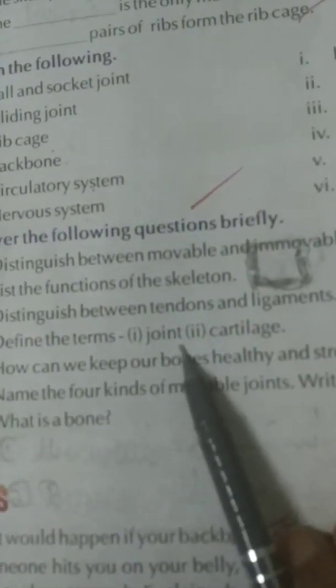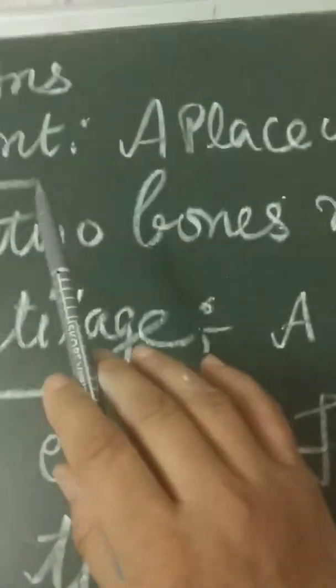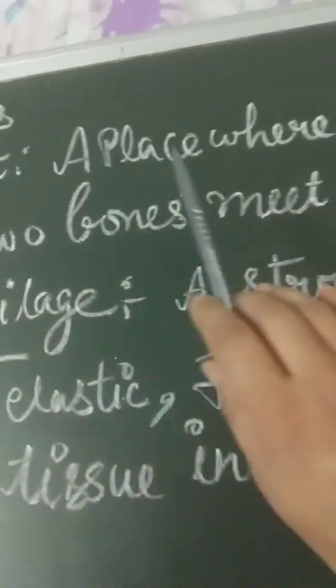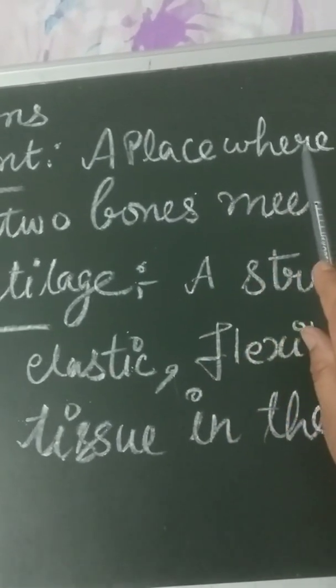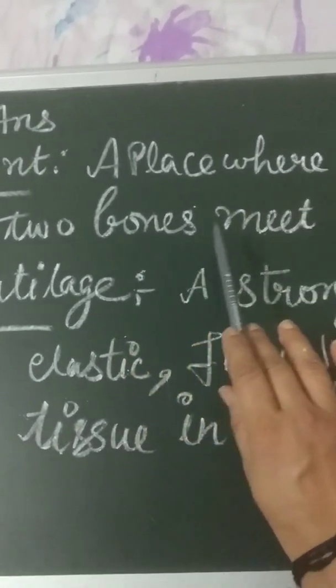Next, fourth question. Define the terms joint and cartilage. First one, joint, a place where two bones meet.